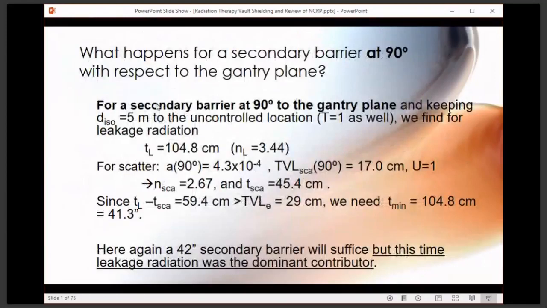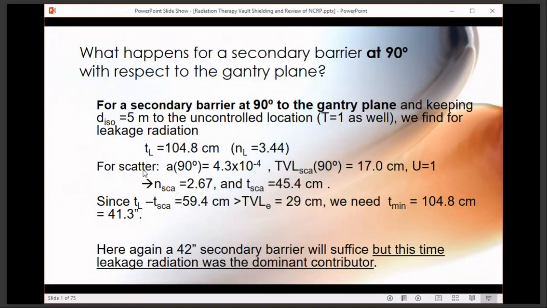Well, if we keep the distance as 5 meters the same, and the same occupancy factor, and keep the areas uncontrolled, assuming everything is the same, the only difference is the scatter angle. So as before, the leakage radiation should come out the same, keeping the same distance.